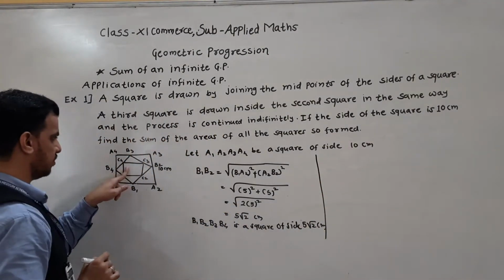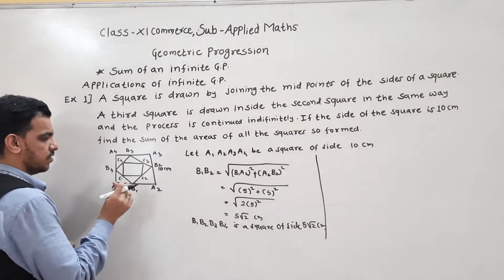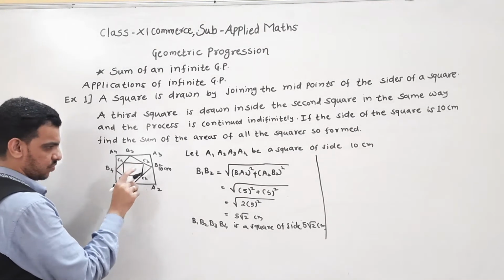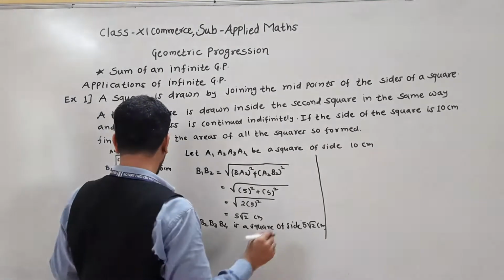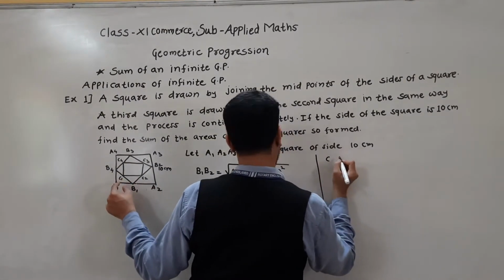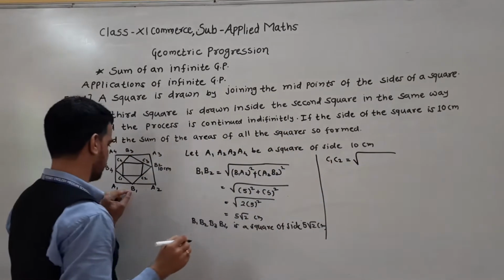Similarly, how do we find the side of the third square? This third square is formed by joining the midpoints of the second square. So if we have to find, suppose, C1, C2, then C1, C2 we can find by using Pythagoras theorem.